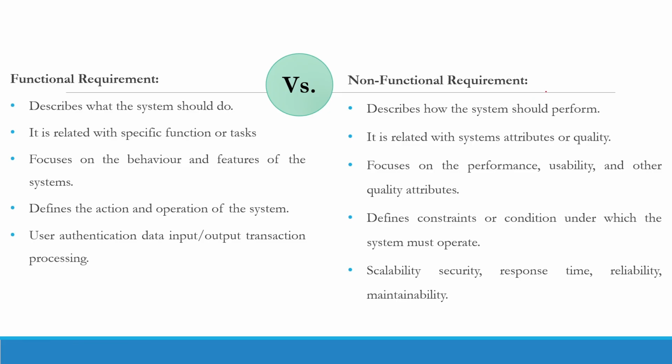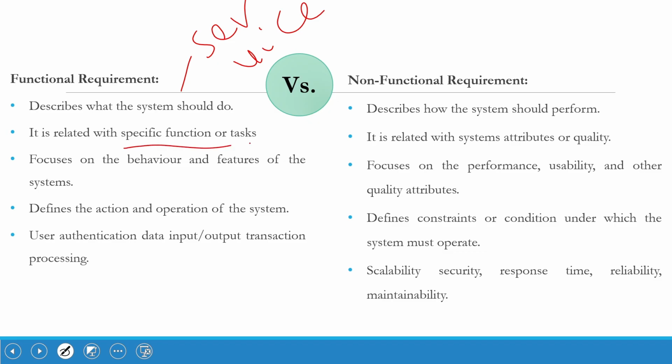So let's compare and contrast the functional and the non-functional requirements. As we discussed before, they compare like this. The functional requirement describes what the system should do. When we say what the system should do, it is the service, or what is the function of the system.